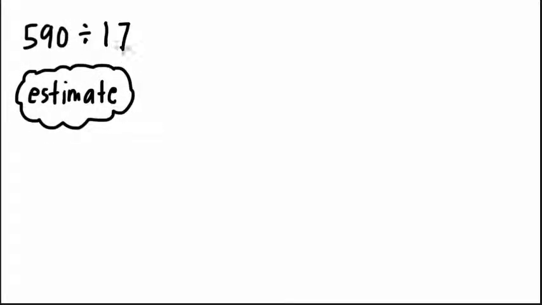So one way that we can look at this is we're going to estimate 17 to be 20. But in this case, what we have is 500s, right? If I wrote that out, it would be 500s. But we can't divide 5 by 20.